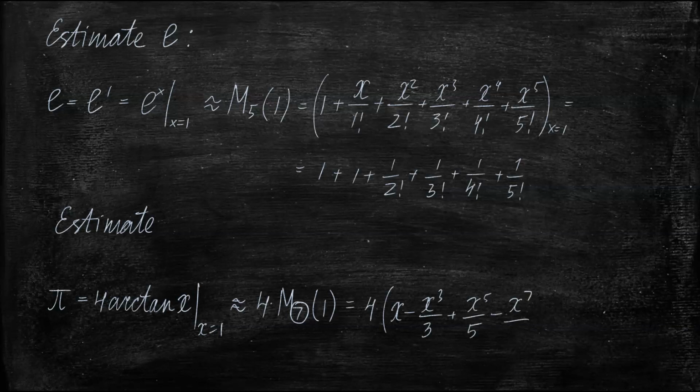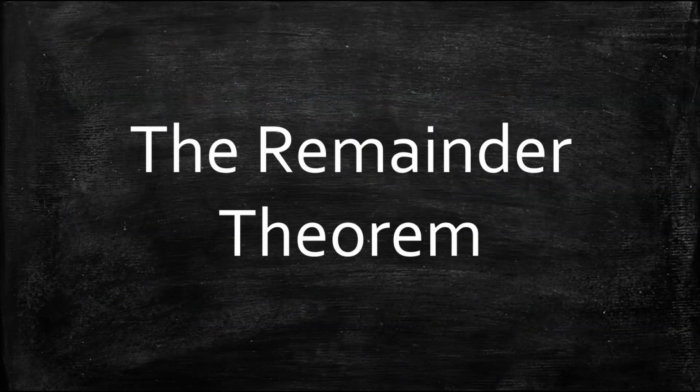So if your n is 21, you would have more terms over here. But once you identify that n, it's just a matter of computing this or similar types of expressions. And this is how we can use a series to estimate accurately the values of these constants. So this would be impossible without the remainder theorem.